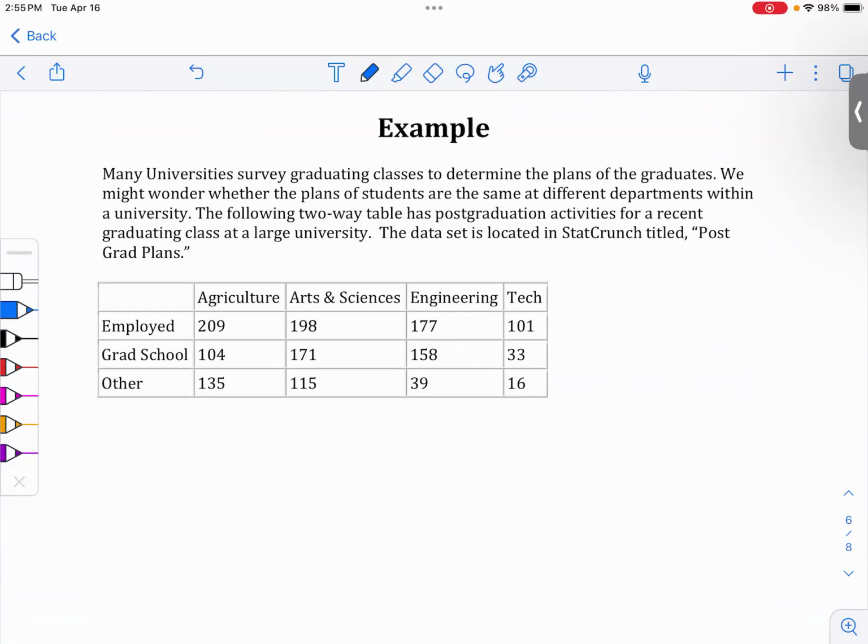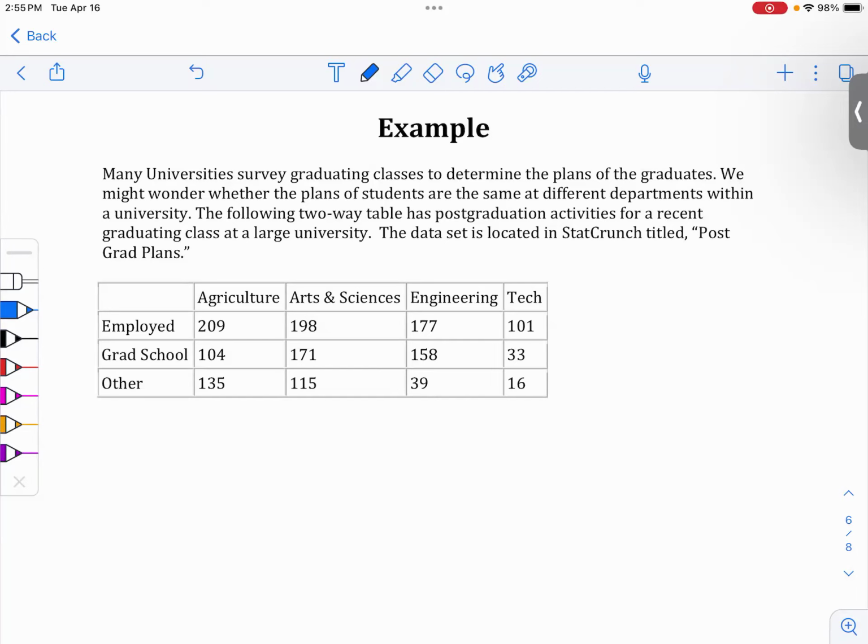I know this is not the chi-squared test of goodness of fit because I have two-dimensional data. All right, it has both rows and columns. Goodness of fit would only have one row. Okay, so I know it's not that one.